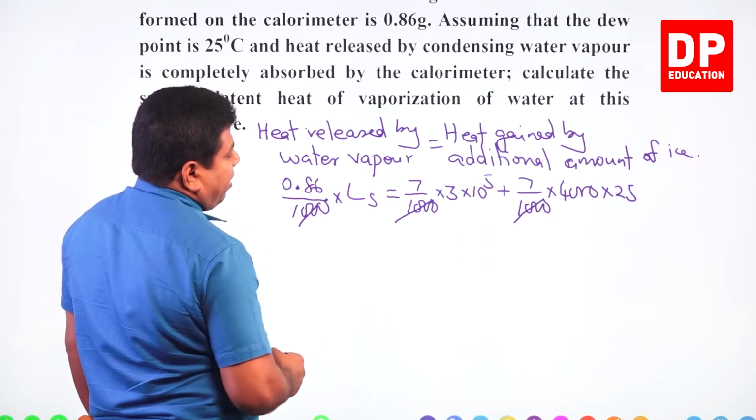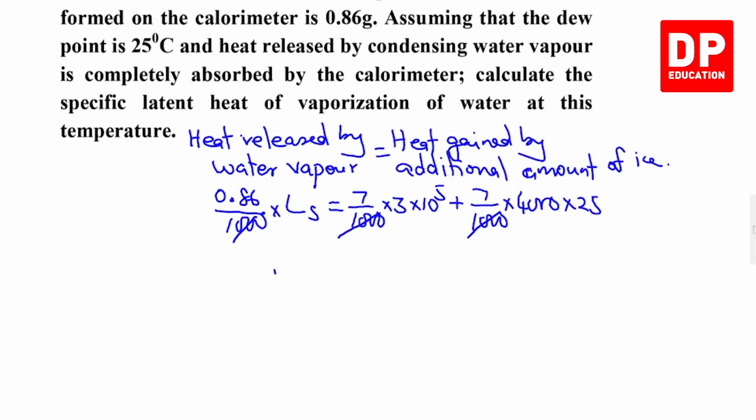I'll multiply by 100 maybe, or by 10. 8.6 LS will be, here it is 21 into 10 to the power 5. I multiply by another 10, 10 to the power 6. This is 25 into 4,000, which is 100,000, that is 10 to the power 5. I multiplied by another 10, so 10 to the power 6.